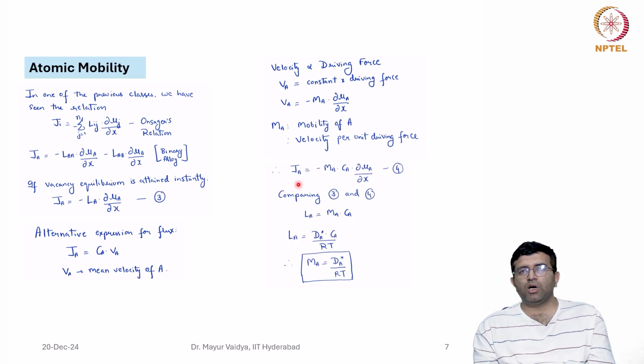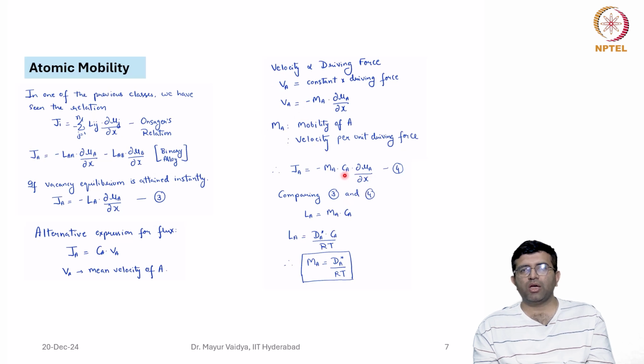So, therefore, we can write Ja is equal to minus Ma into Ca into dou mu A by dou x. Okay. So, you see that here I had written Ja is equal to La into dou mu A by dou x, and I can now write Ja as minus Ma into Ca into dou mu A by dou x.